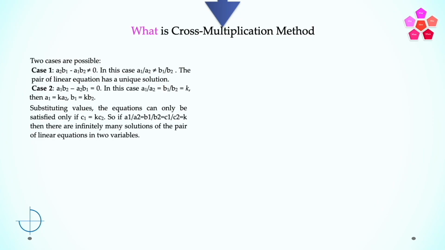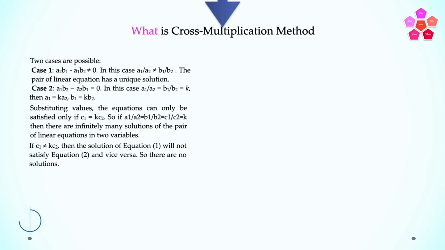If C1 is not equal to k times C2, then the solution of equation 1 will not satisfy equation 2 and vice versa. So there are no solutions. So algebraically also, we arrive at the same summary.